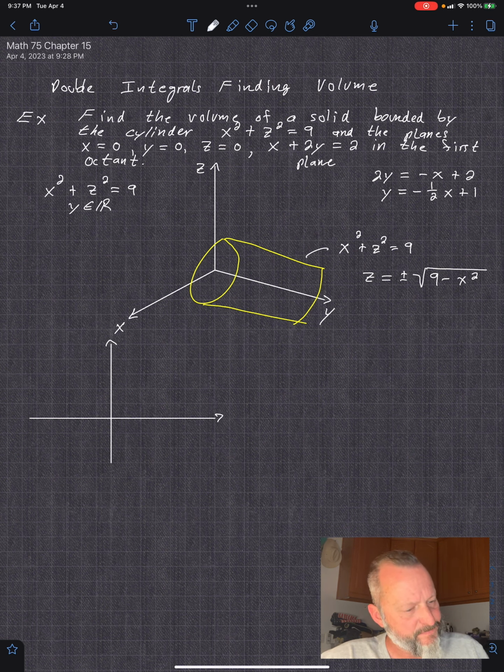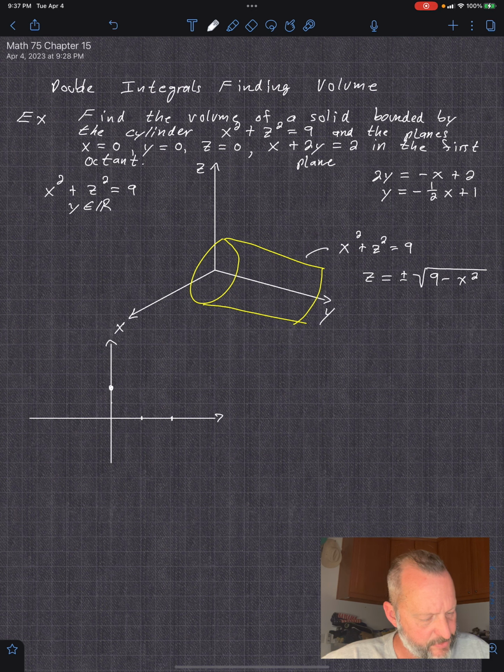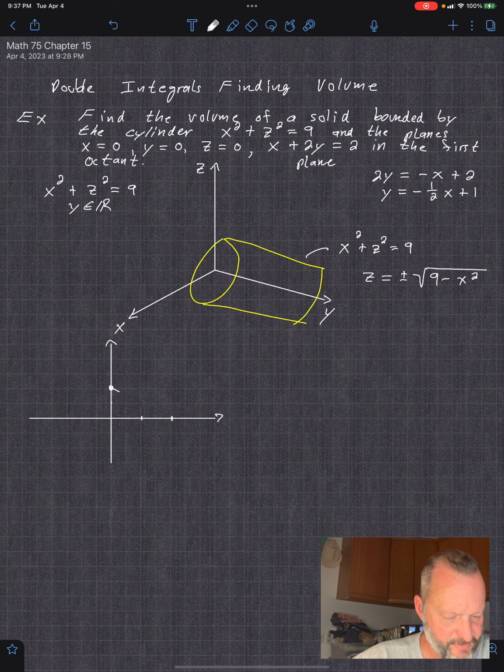And that is a line up 1 with a slope of negative a half. So we're up 1, and then a slope of negative half is down 1 over 2, or you go up 1 over 2. So it's going to be like that. It's going to cross at 2. Let's make sure that looks right. Yeah, it looks right. So it'll look like this. And it's in the first octant, so it's just that piece.